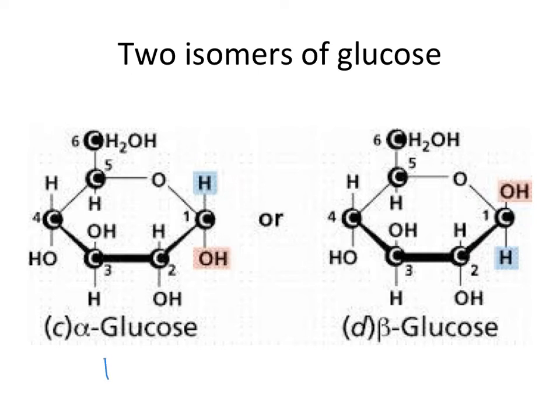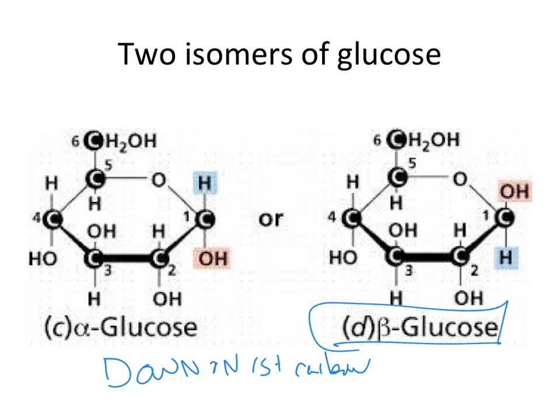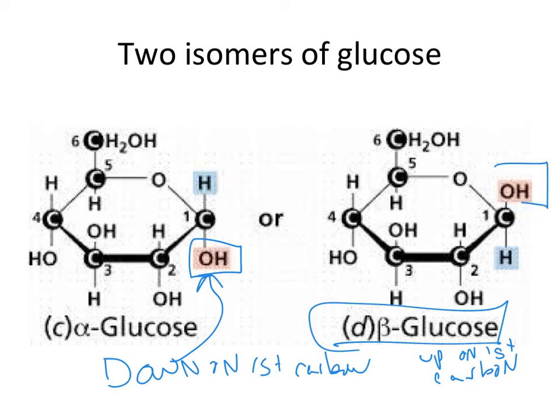Alpha glucose down on first carbon, and beta glucose up on first carbon. That is, when I say down, I mean the OH that's attached to the carbon, and when I say up, I mean the OH that's attached to the carbon. So that's alpha and beta glucose.